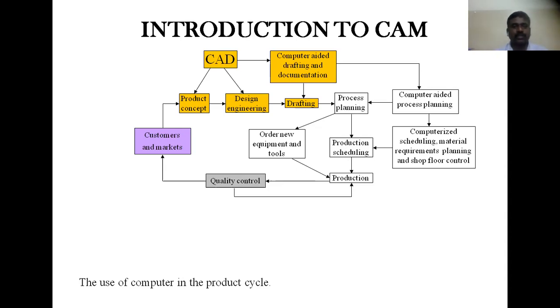Computer aided scheduling, requirements, and shop floor control in the scheduling departments can also be controlled with the help of programs. By using robots and CNC machines, we can manufacture the component, and the actual fabrication can be done by these machines.